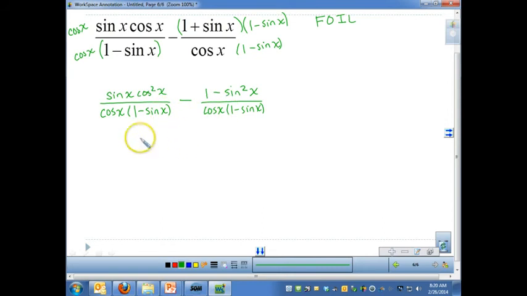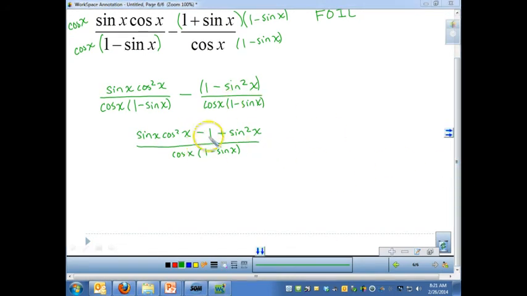So putting these two together, remember we subtract the numerators, so it'd be sine of x cosine squared of x. Now don't forget to distribute that negative here. So it'd be minus 1 plus sine squared of x all over cosine of x times 1 minus the sine of x.